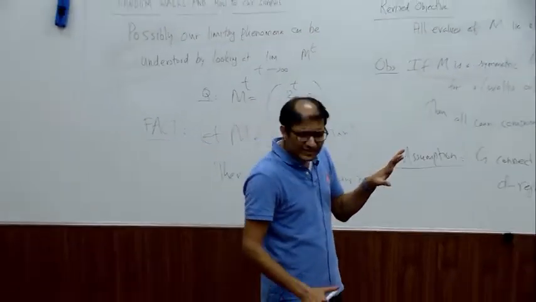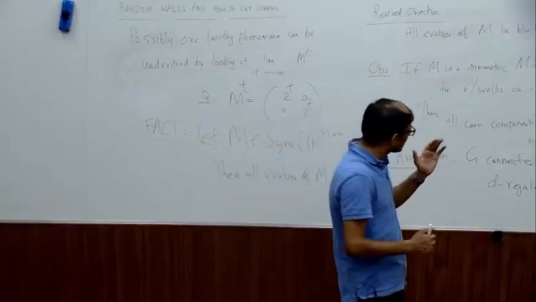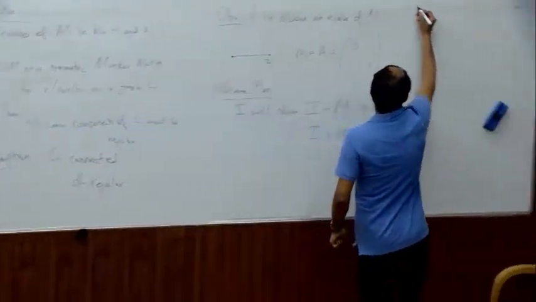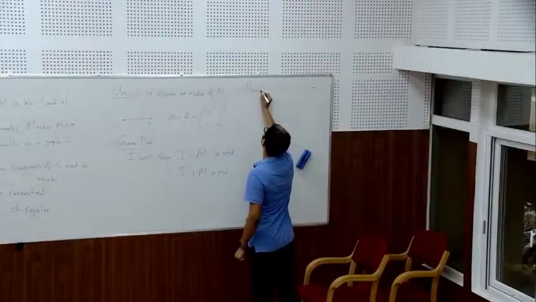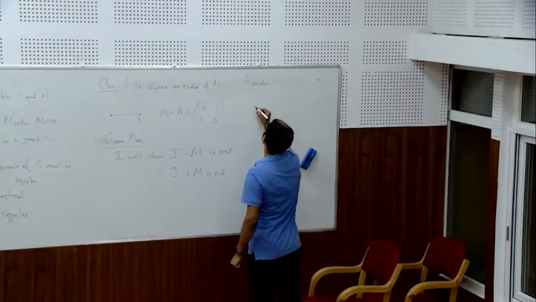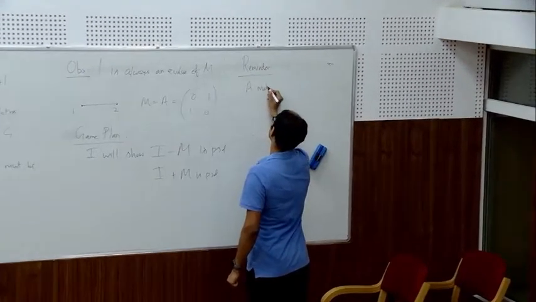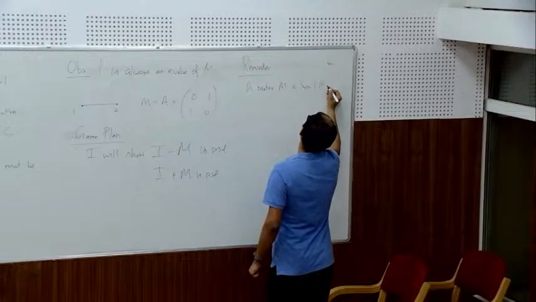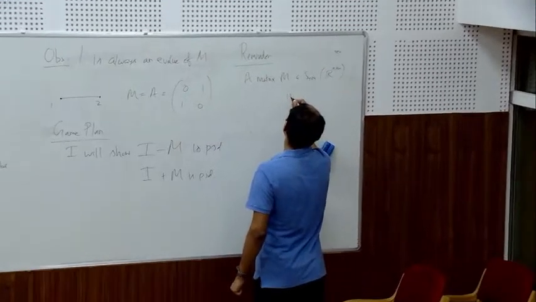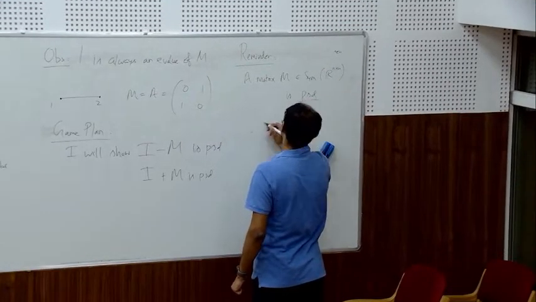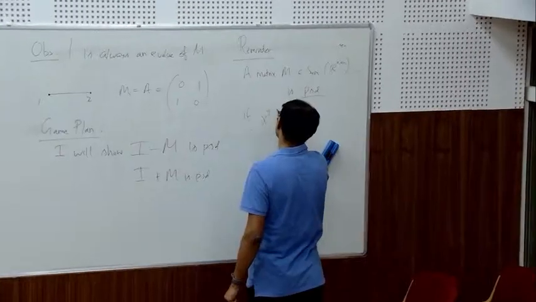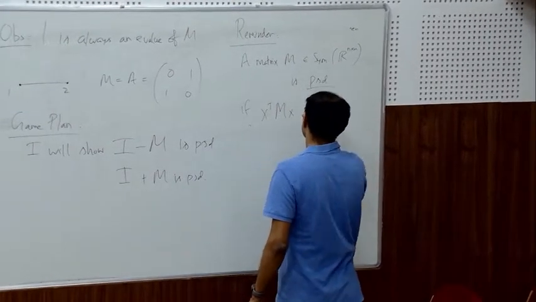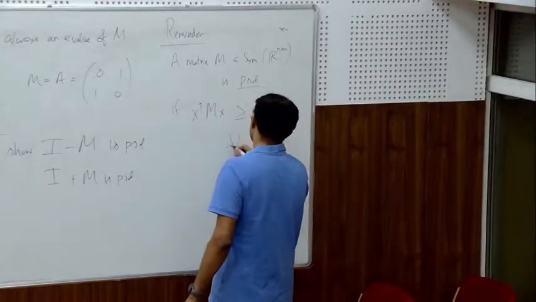So maybe I will write a reminder here that a matrix M, which is symmetric, all entries being real, is PSD if x transpose M x is greater than or equal to 0 for every vector x.